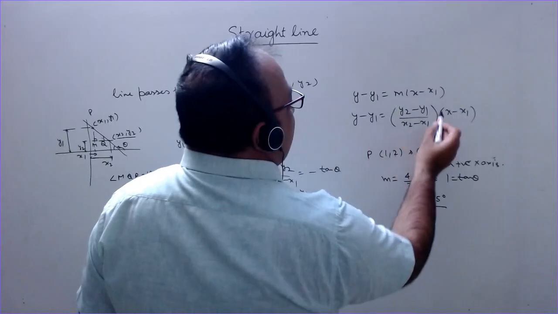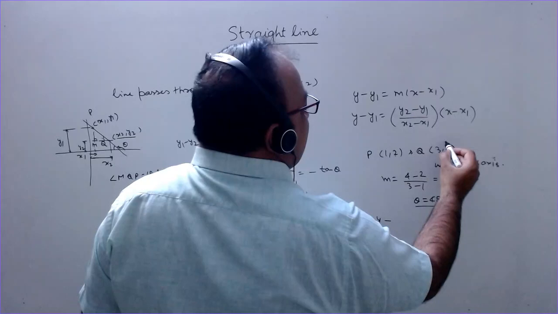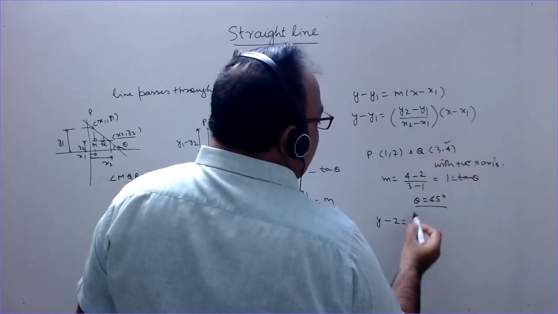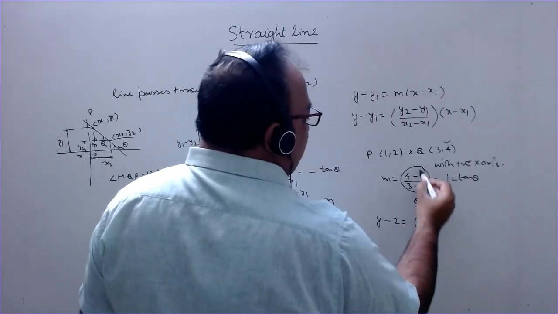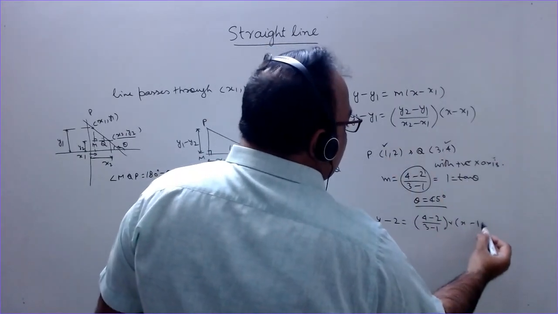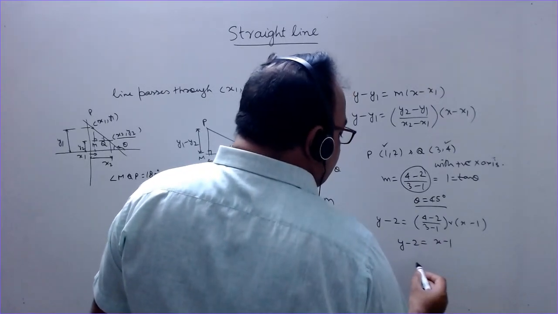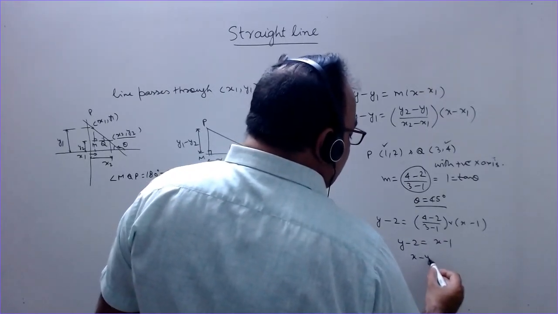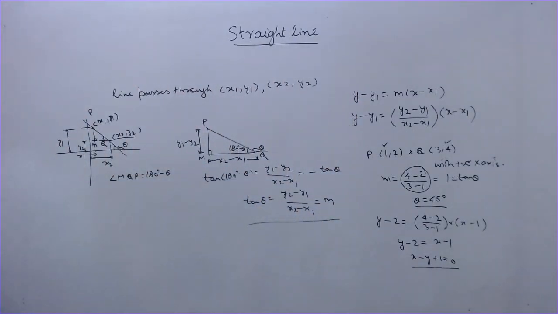Now you can put the values in this equation, y minus y1 equal to m, which is tan theta, times x minus x1, or the line is y minus 2 equal to x minus 1, or x minus y plus 1 equal to 0. This is the equation of the straight line which is passing through 2 points.